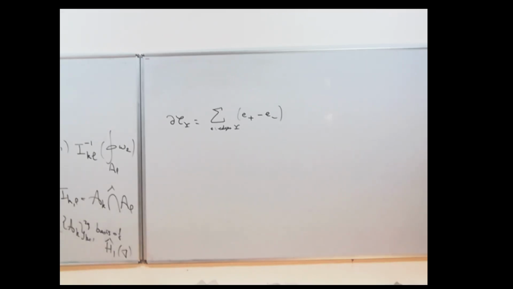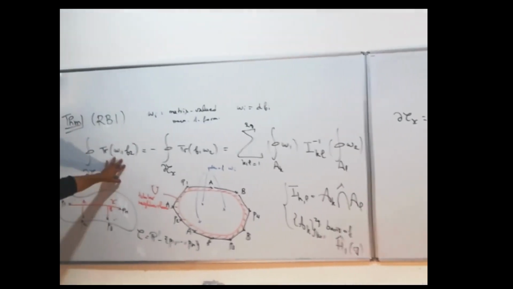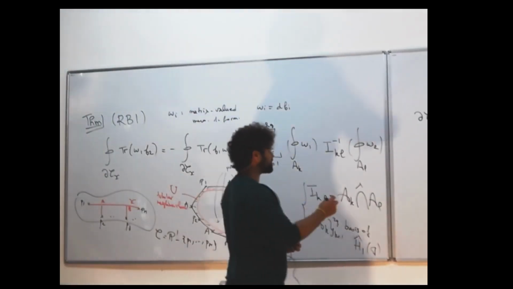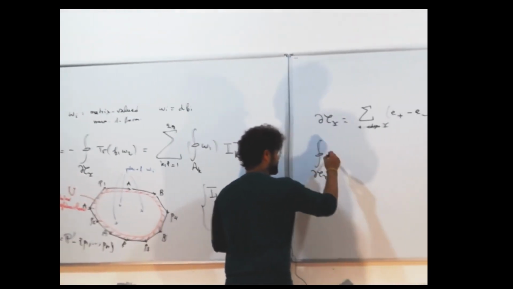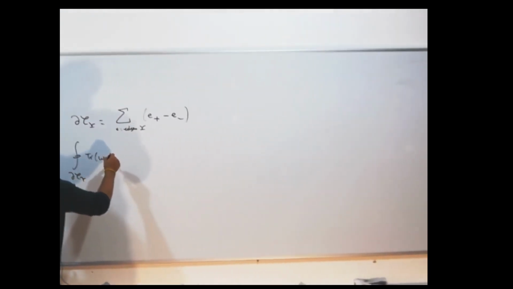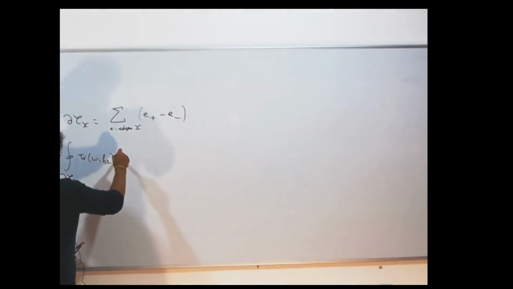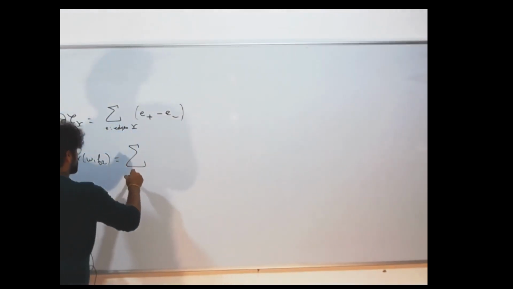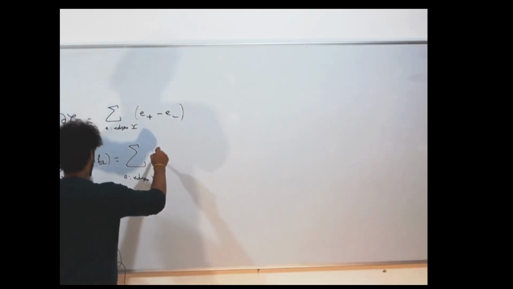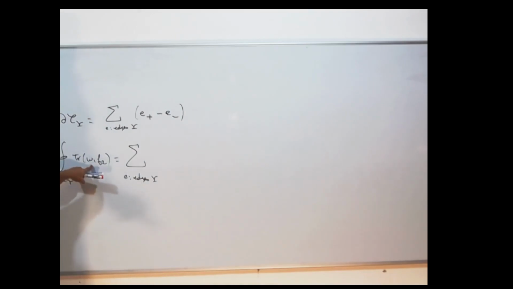Okay, so just starting from this expression here, you do something like this, trace F1, F2. Okay, so this now is the sum over the edges of epsilon of this trace here.